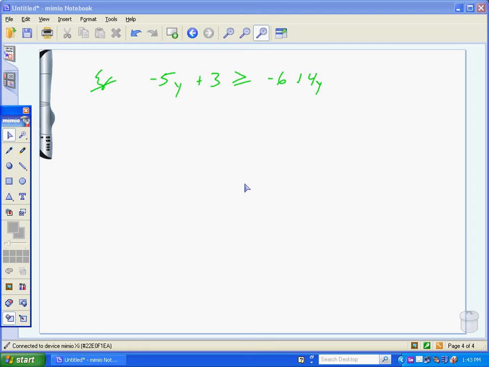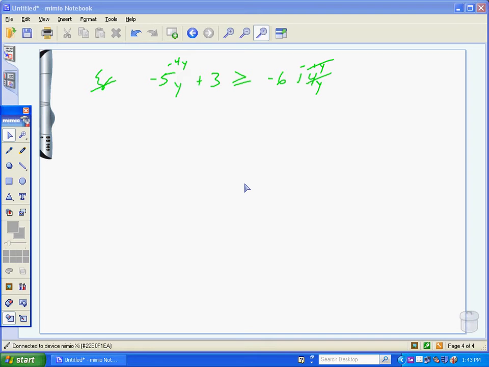Okay, so which one? The 4y. Let's move the 4y. I'm okay with that. I like having my variables on the left-hand side. I always do. So I'm going to minus the 4y from the right-hand side over to the left-hand side, and it's going to cancel that out.